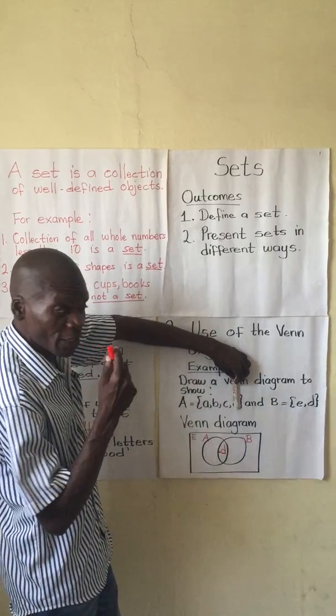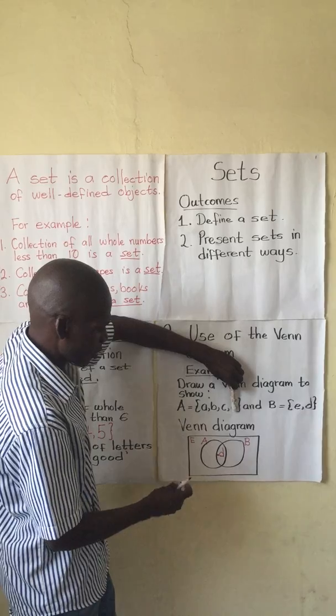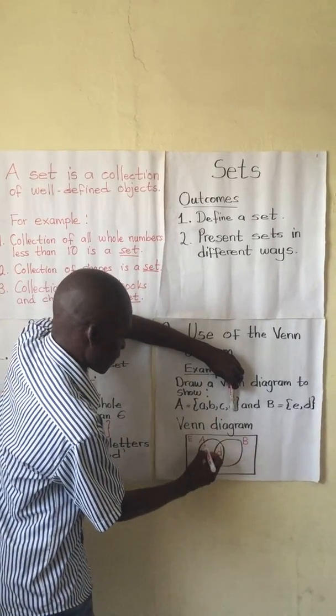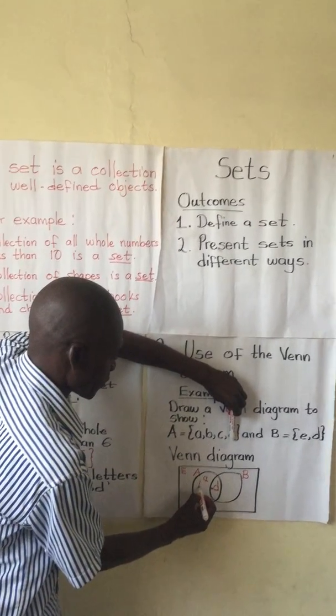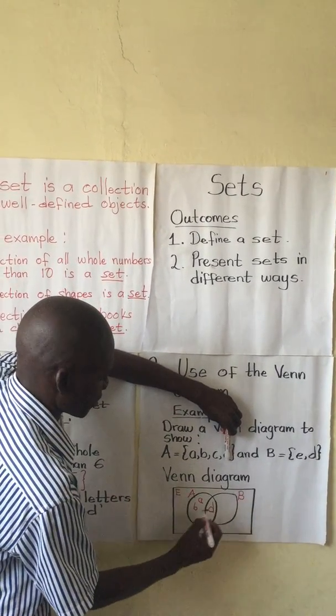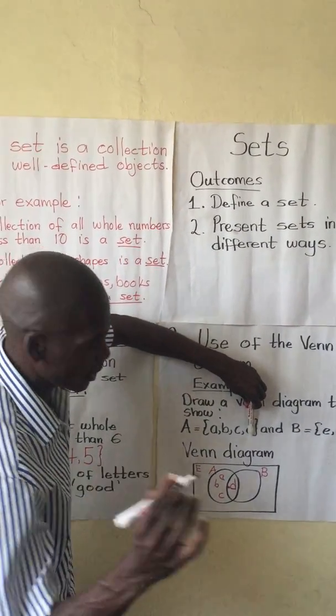What remains in A? You can come with me. We have a, b, c remaining. So you can put them anywhere. Don't forget what I said.